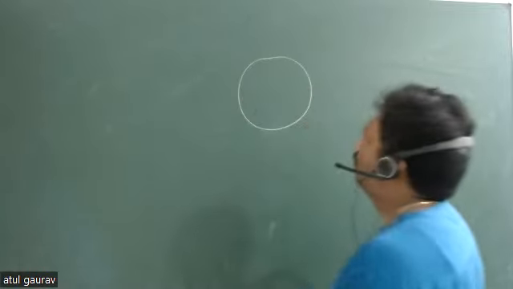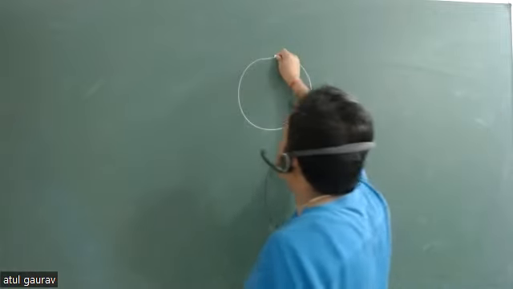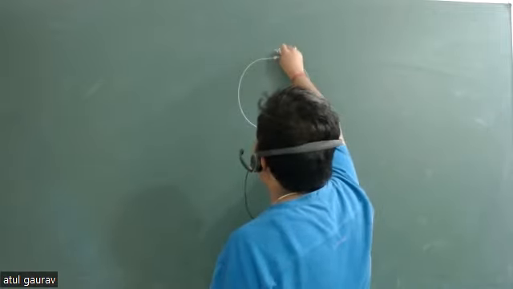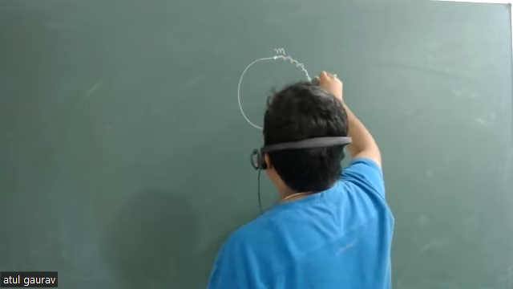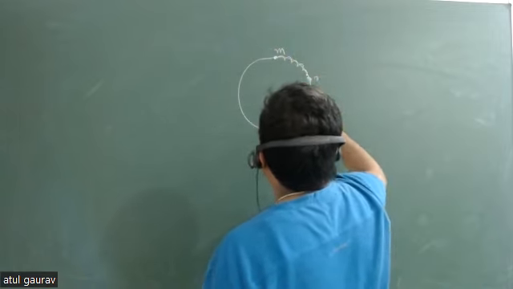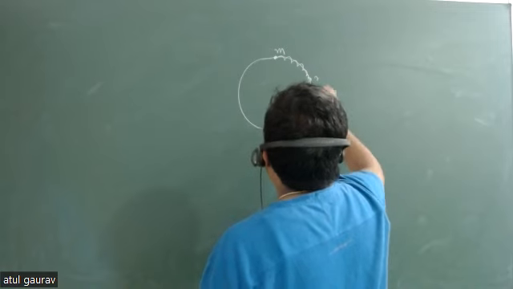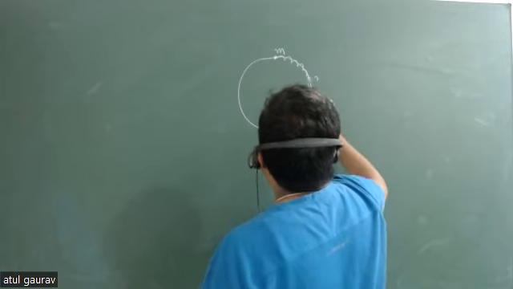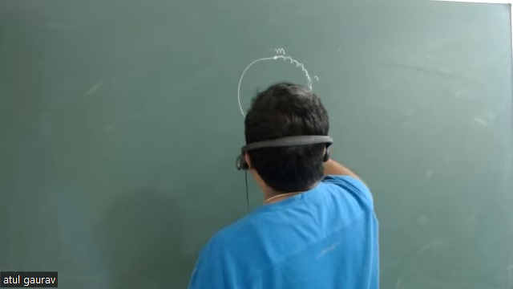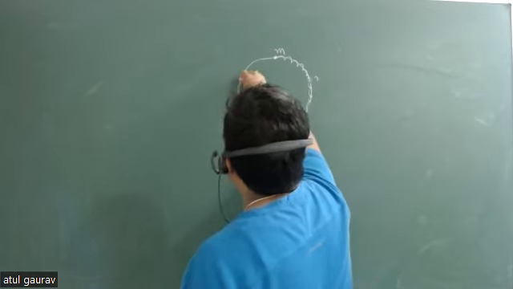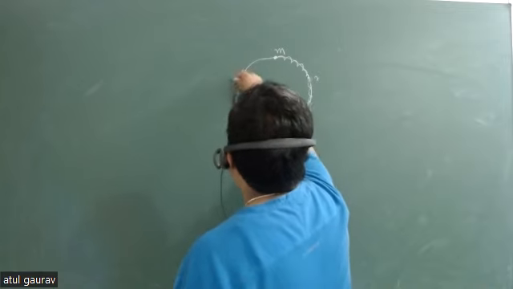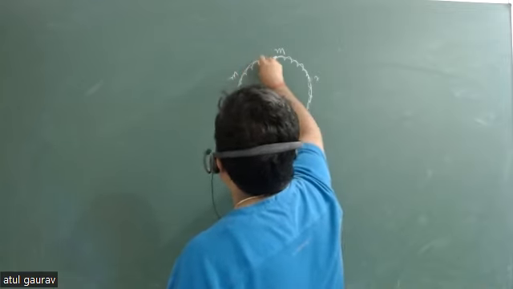So there is a circle, a ring, and there is one particle of mass m, another particle, and you can elongate something like this. This is your mass m, and you have a third particle of mass m, and you have all these springs.